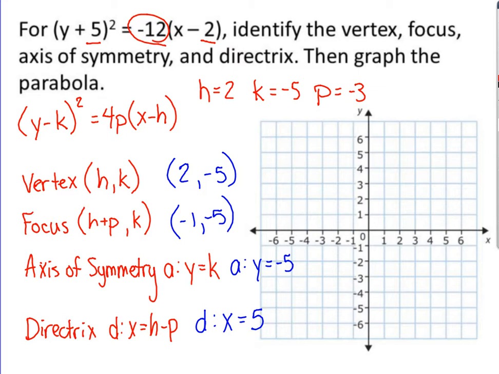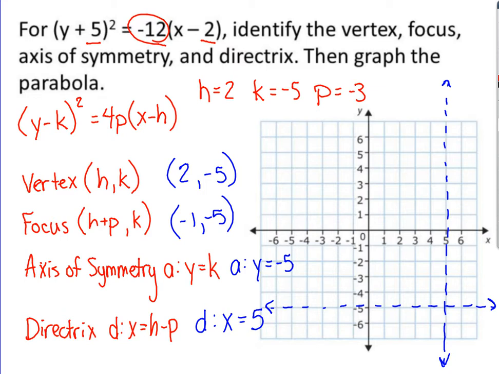So if we plot all that information first, our directrix is that x is equal to 5. So if we go to 5, we're going to put a dotted line through x is 5. We know our axis of symmetry, where it's symmetric about, is going to be y is equal to negative 5.